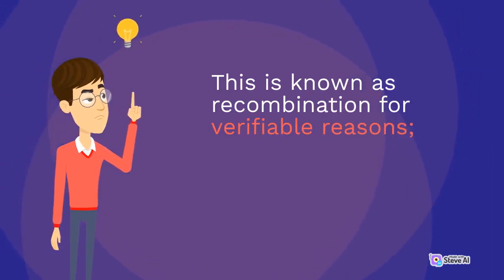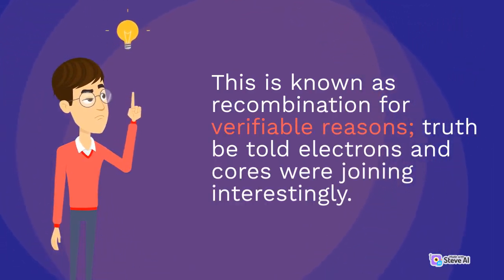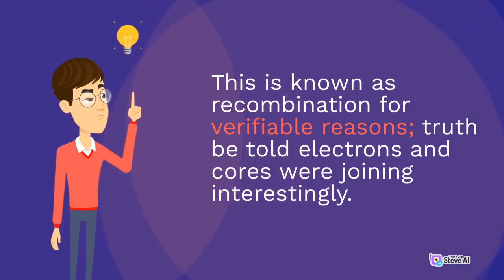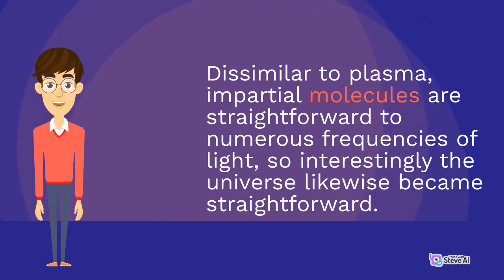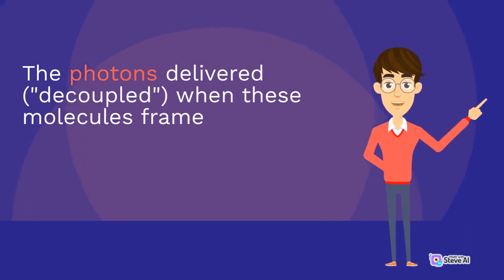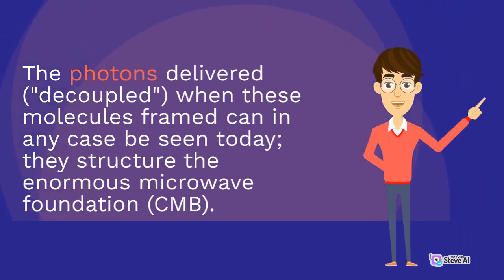This is known as recombination for historical reasons; in fact, electrons and nuclei were combining for the first time. Unlike plasma, neutral atoms are transparent to many wavelengths of light, so for the first time the universe also became transparent. The photons released, or decoupled, when these atoms formed can still be seen today. They form the cosmic microwave background, the CMB.